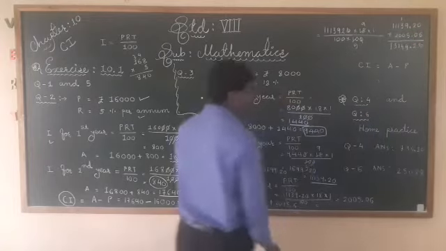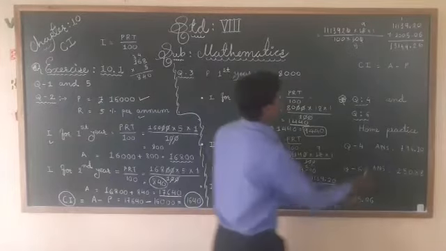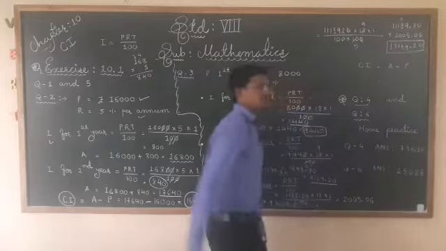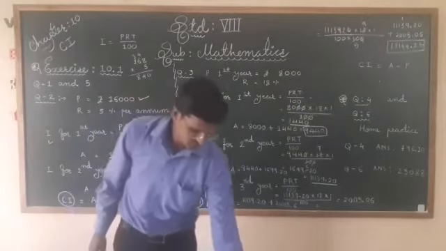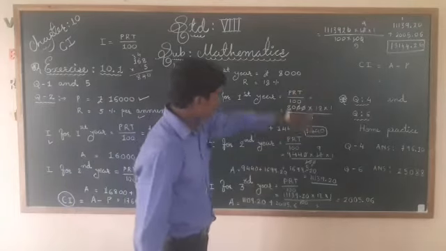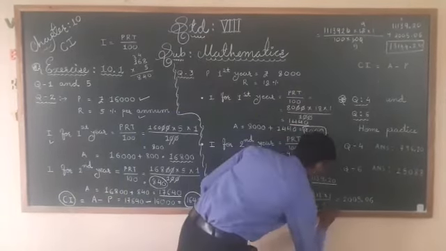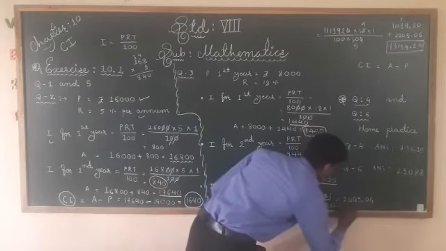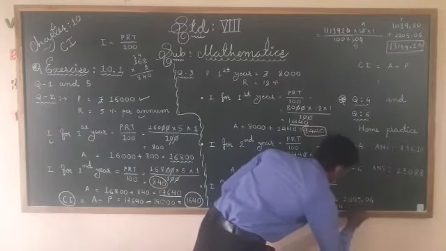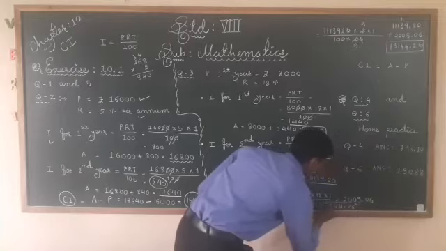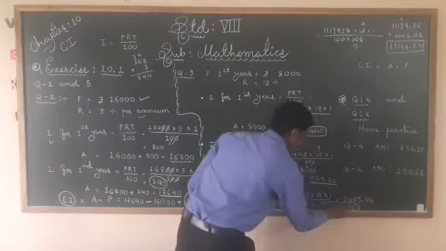So your answer for the third year is 13,144.26. 13,144.26 will be your answer for the third year.